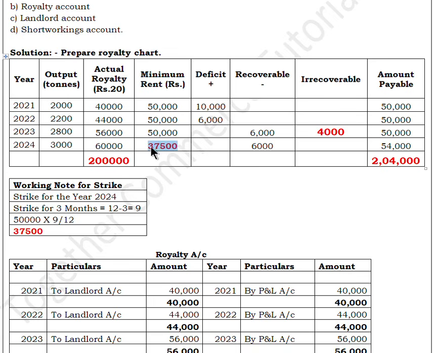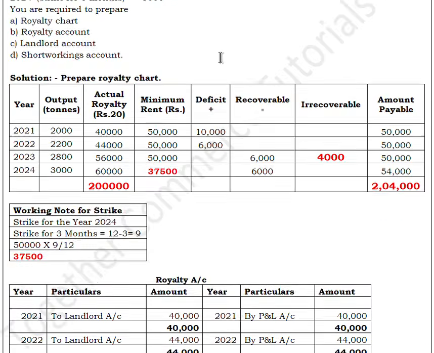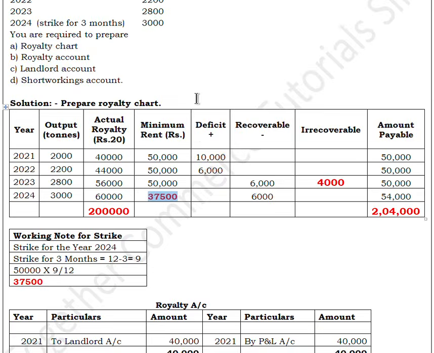Therefore the minimum rent is calculated like this: 50,000, which is the actual minimum rent given in the question, into 9 by 12, this is the 9. That means there are 9 months remaining out of 12 months. So 9 by 12, 12 are the total months in a year. So the answer will be 37,500. So this will be the minimum rent for 2024.